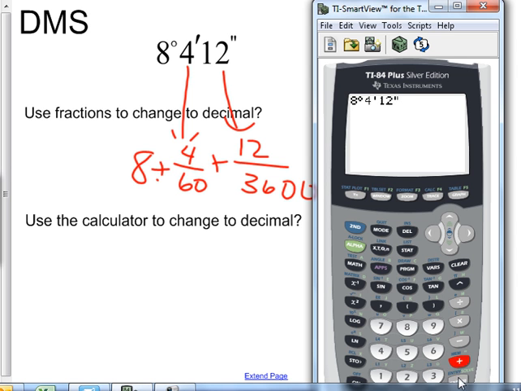I hit enter, and bingo, bango, bongo, I've got my decimal. 8.07. Okay? So, just check yourself here to see if you really get this by please put in 9 degrees, 9 minutes, and 9 seconds, and see what 999 gets you.